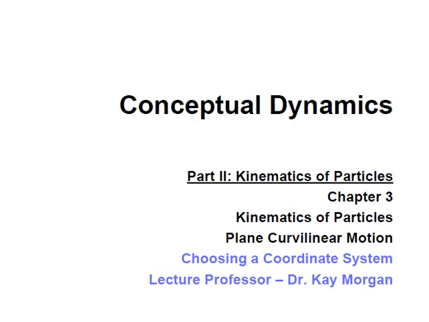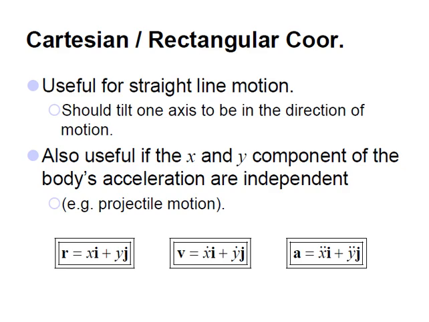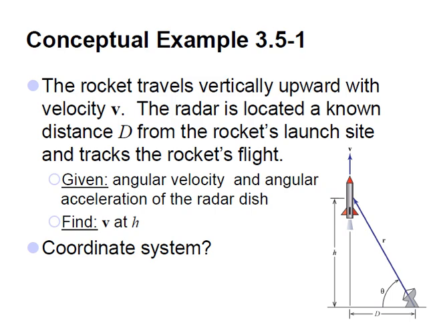The next section is choosing the right coordinate system. We study only the Cartesian coordinates, and we don't study polar coordinates or n-t coordinates, so you don't have to do this.